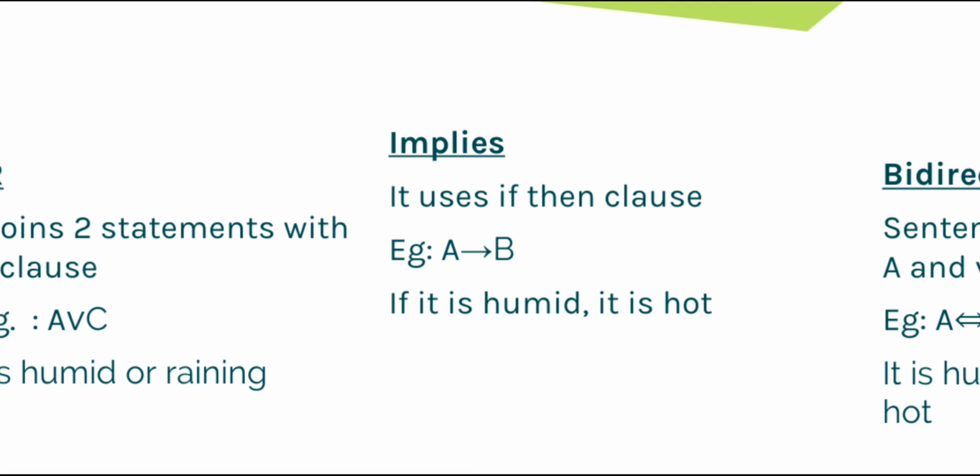If A is false, B by default will be false. We are applying on the same two sentences, A as it is humid, B as it is hot. In between we are applying implies. So it will be called, if it is humid, it is hot. Or you can also write, if it is humid, then it is hot. Both are one and the same.